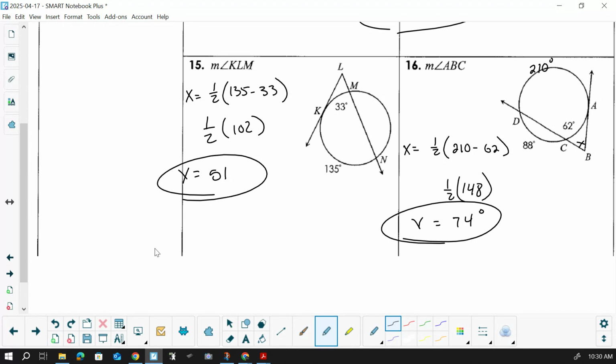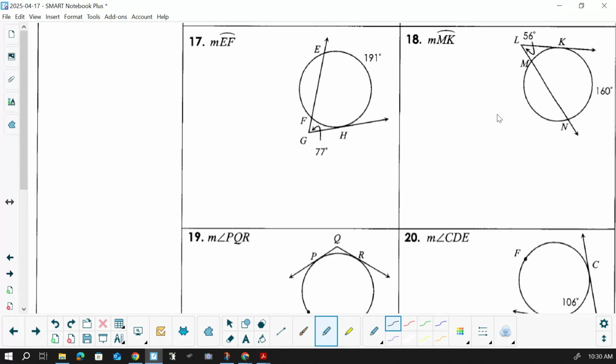4 questions left. Number 17. I need EF, but I'm going to have to solve for the small arc. So the angle equals 1/2 of the big arc minus the small arc. Multiply both sides by 2, and I get 77 times 2 is 154. 191 minus x.